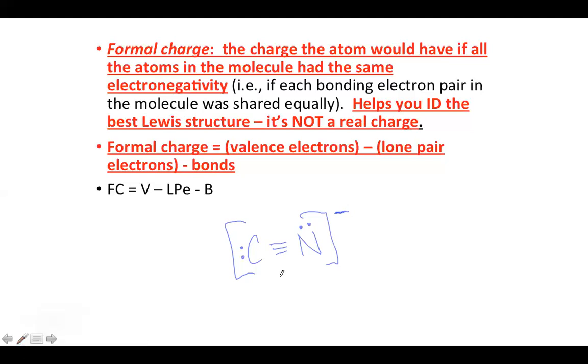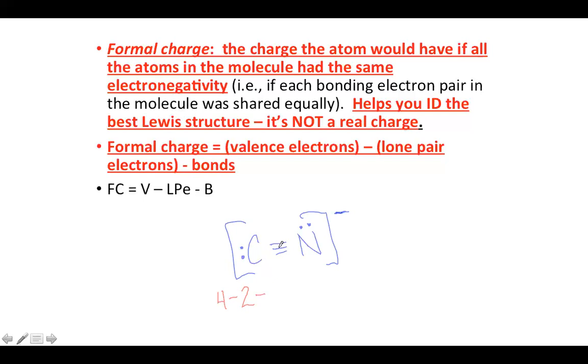Carbon typically has 4 valence electrons. Well, I mean, it does have 4 if you look on the periodic table. So carbon has 4 valence electrons minus, we're going to consider all of the electrons that are assigned specifically to carbon. So carbon has 2 electrons in a lone pair. So those 2 electrons are specific to carbon. So 4 minus 2 minus.